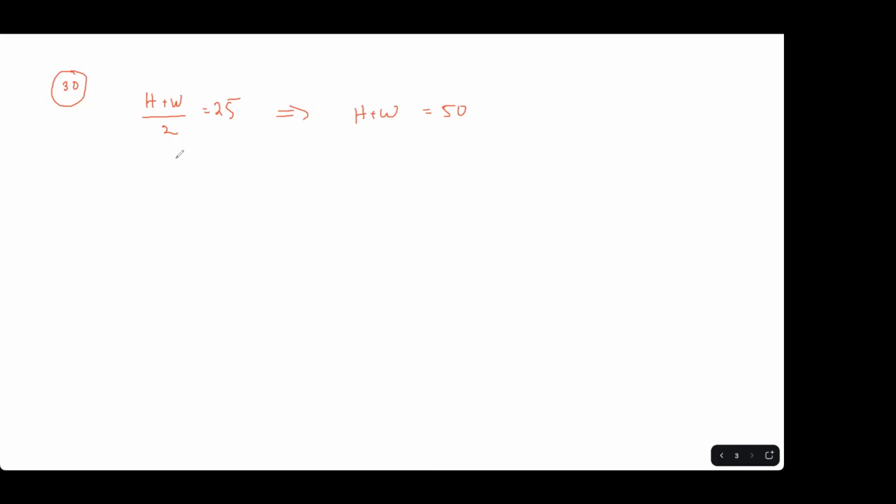After 7 years, what will be their total age? 64. Very good. So 50 plus 14, because both husband and wife's age will increase by 7. So total 64 हो गया.